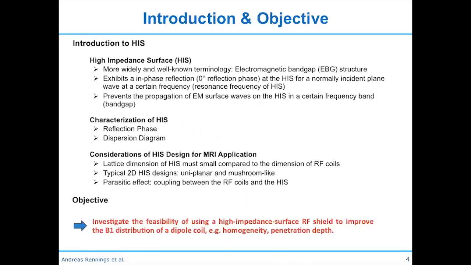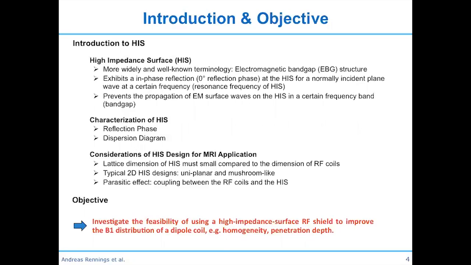Here's the introduction and the objective of this project. We would like to use this high impedance surface, and another more widely and well-known term would be an electromagnetic bandgap structure. This periodic surface has two properties.